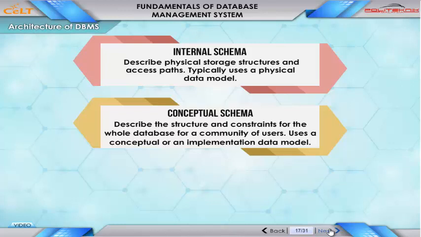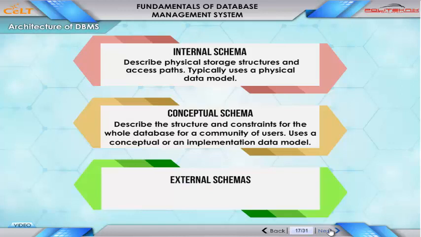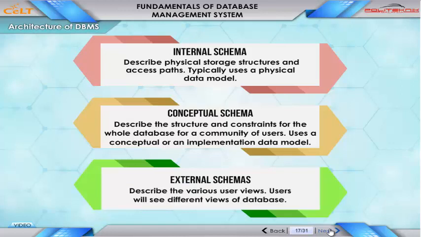Uses a conceptual or an implementation data model. External level: external schema at the external level to describe the various user views. Users will see different views of the database based on their needs.